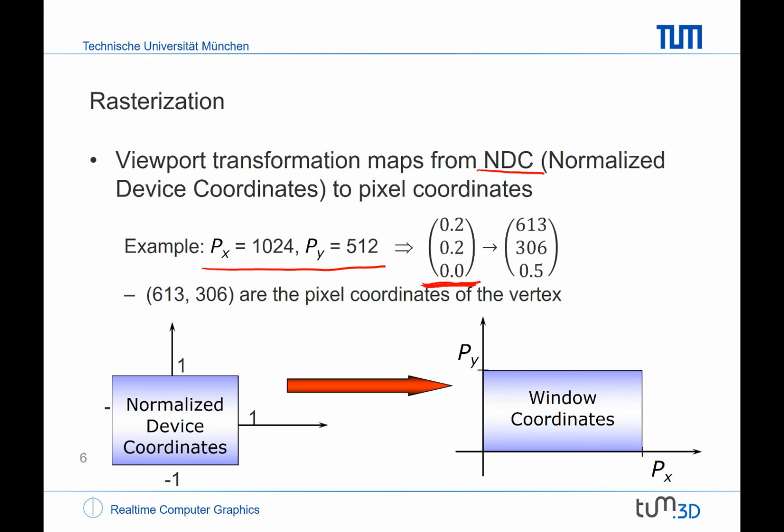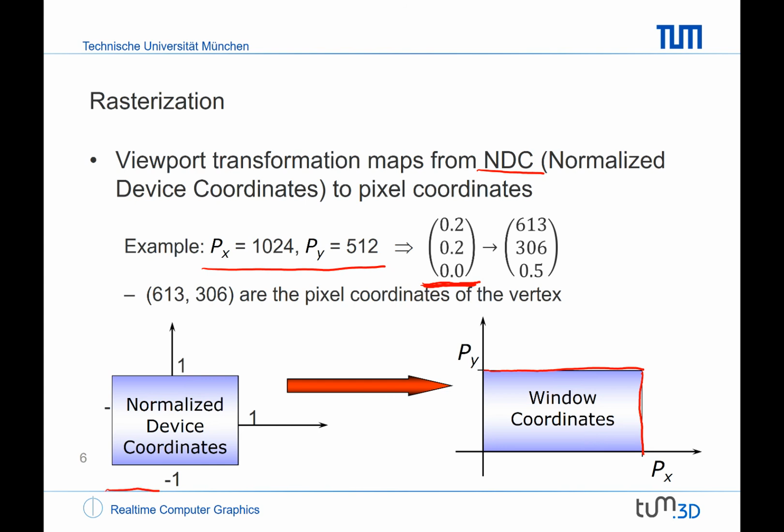So the x and the y coordinate of the transformed vertex are 0.2 in NDC coordinate space, and the z coordinate is equal to 0 in NDC coordinate space. And then you want to map this NDC coordinate to the window coordinate space, which is now going from 0 to 1023 and 0 to 512 in y. And this mapping, which performs that transformation, is called the viewport transformation.